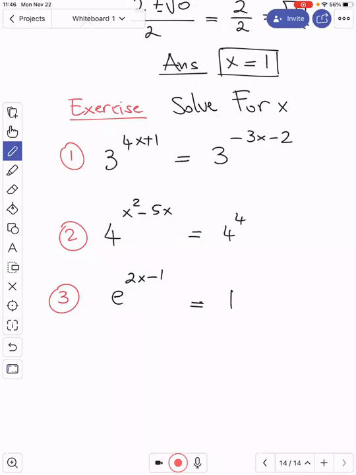So let me just say, guys, in this exercise, in both sides, we're going to have the same base. So both sides have the same base.